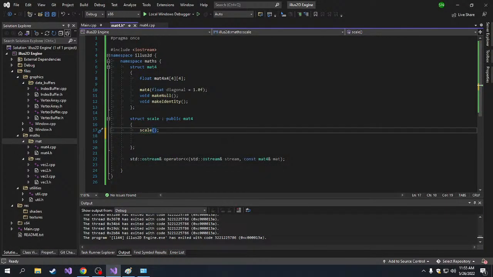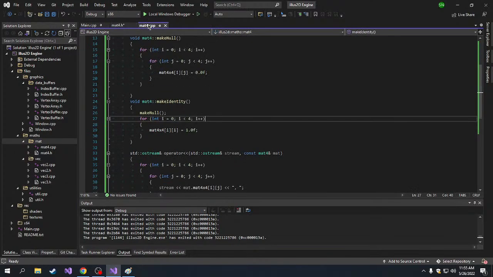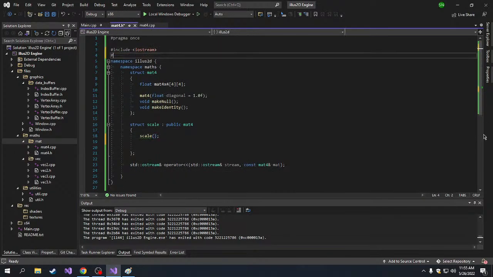Okay, so scaling matrix. So that's basically how we're going to tackle this issue. Cool. Okay. All right. So what we need is we'll probably take in some parameters. Make.cpp, make.h will include maths vector 3.h.